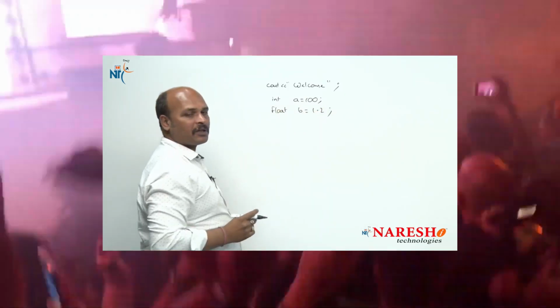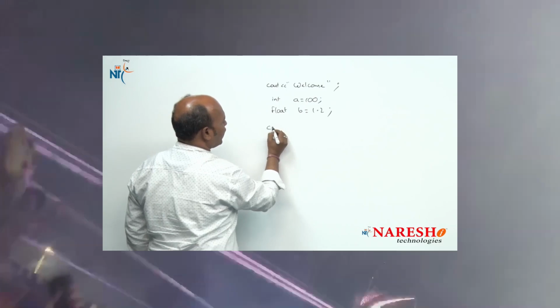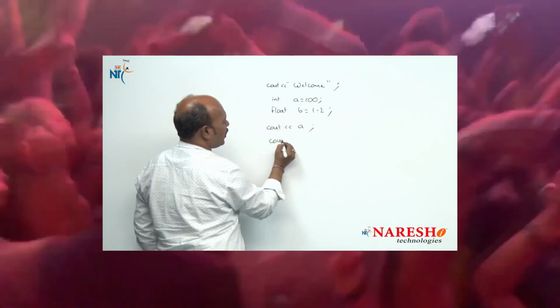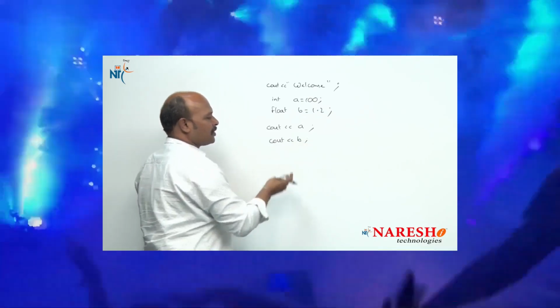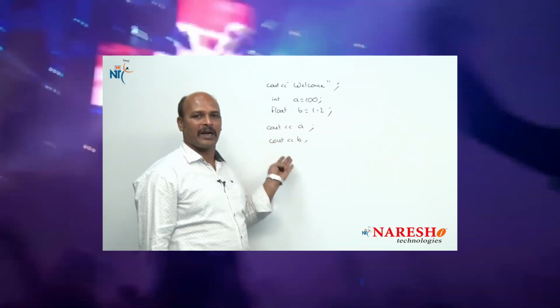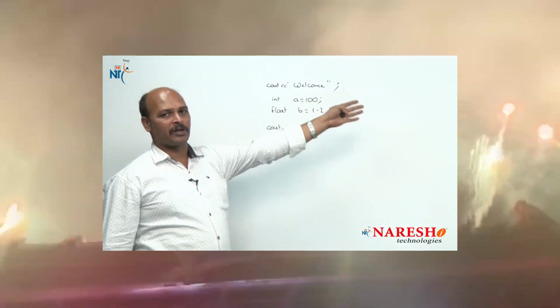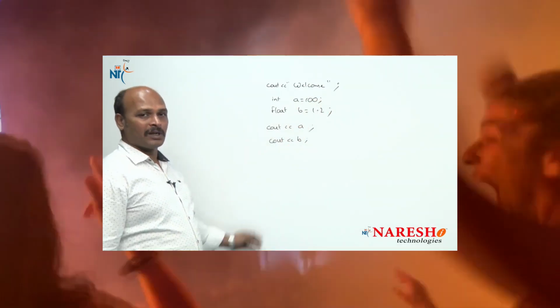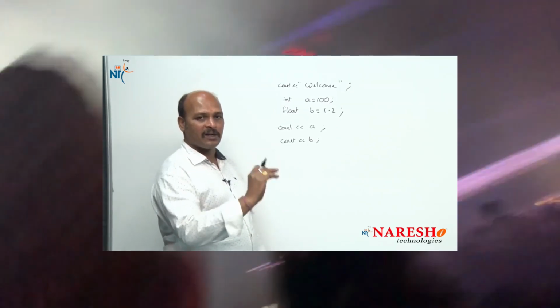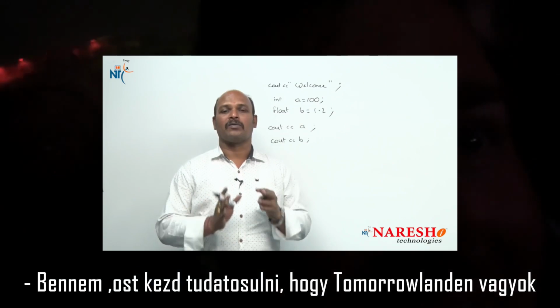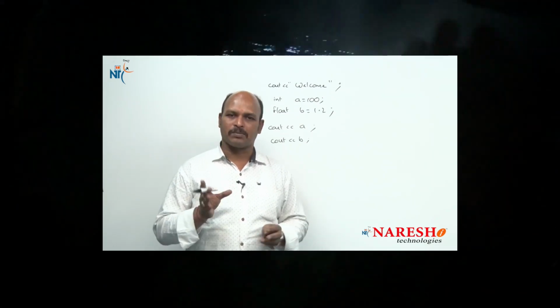Now I want to print the a and b values. Then cout a, cout b. See this? Here there is no conversion character at all. Directly the value of a is going to print on the screen because implicit conversion is there. That's why cout doesn't require any conversion characters or format specifiers.